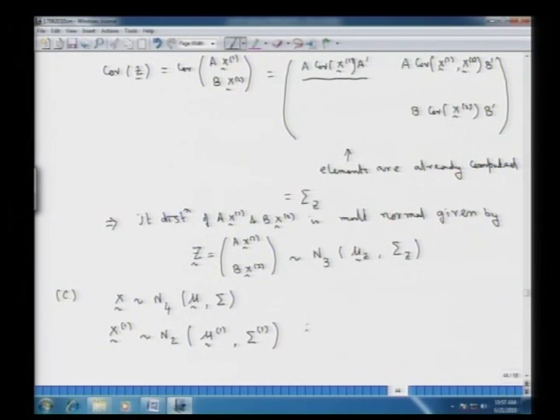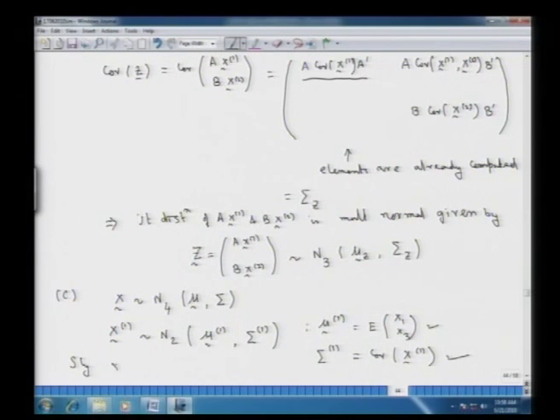Now we have already obtained these elements, so this mu1 is equal to expectation of this x1 x3 subvector, which we have already computed, and sigma 1 is the covariance matrix of x1, which also we have computed. So this is basically the marginal distribution of x1.